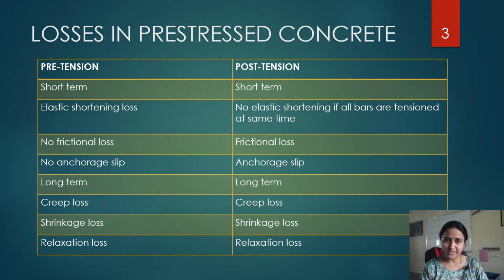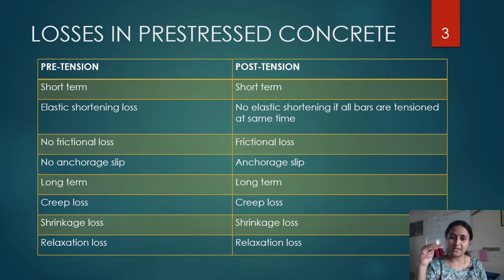Also here in a pre-tension member, suppose for example three tendons are used, apart from each other with a particular gap or distance between them. While we are applying tension, we do this in a sequential manner.